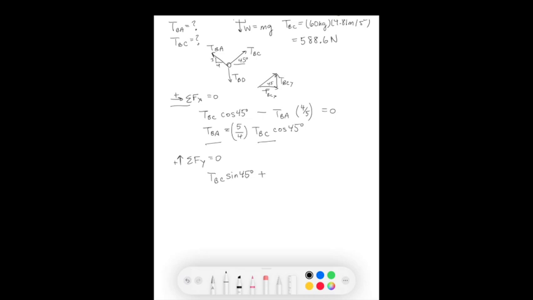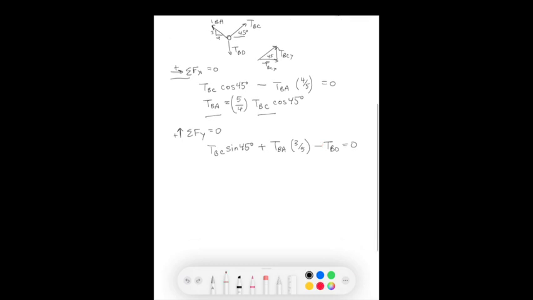We have another positive direction, which is TBA, and that's going to be 3 over 5. And then going down, we have TBD. So be sure that this is negative here.